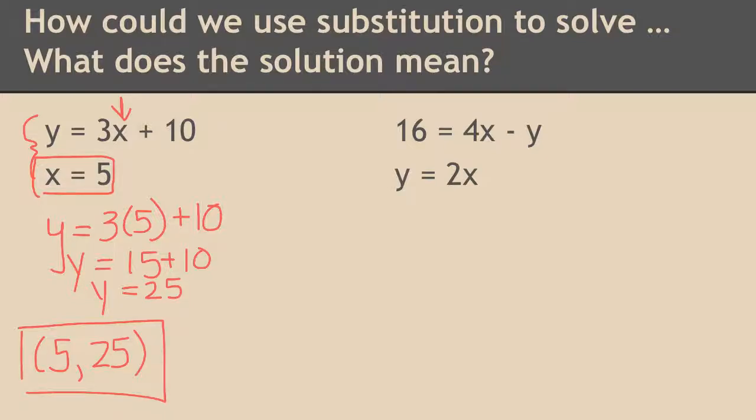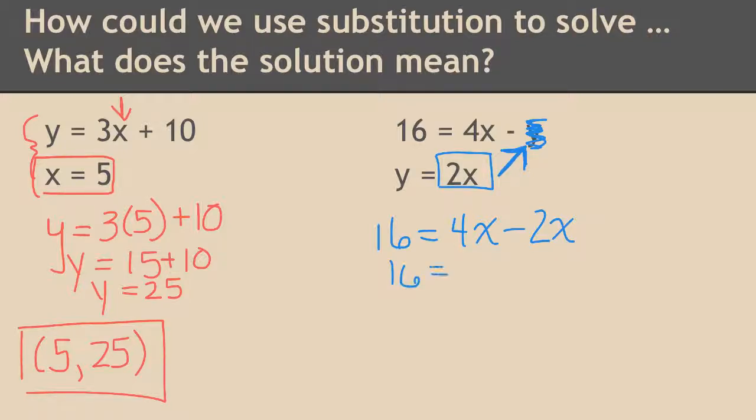All right. So I can't start my ordered pair on this one yet because I don't know exactly what y equals, but I know I can substitute right there. So I'm going to take my first equation and rewrite 16 equals 4x, and instead of minus y, I'm going to subtract what y equals, which is 2x. So I simply took that out and put this in to that location. So 16 is now equal to 2 x's.